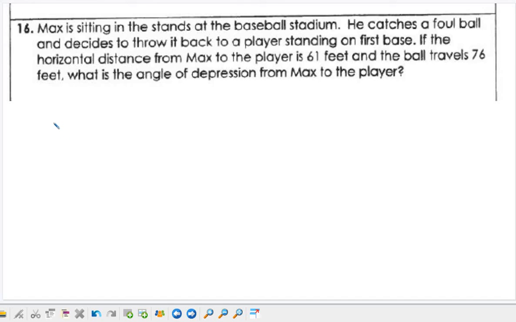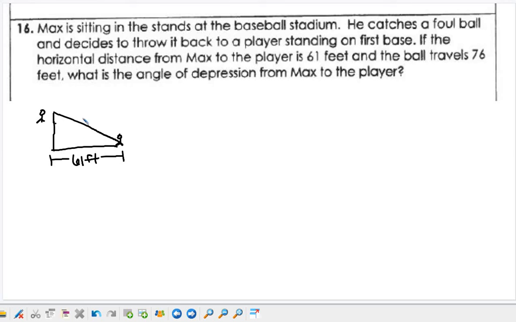So here is Max in the stadium, and he's above the player in the field, right? So my triangle looks like this. And it says the horizontal distance, which is this, 61 feet from here to here. And the ball travels 76 feet.